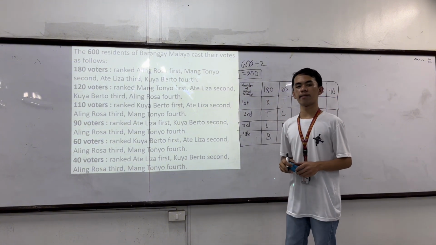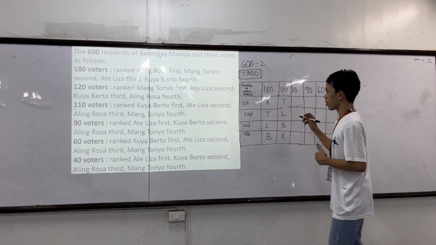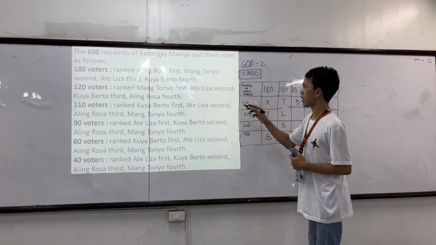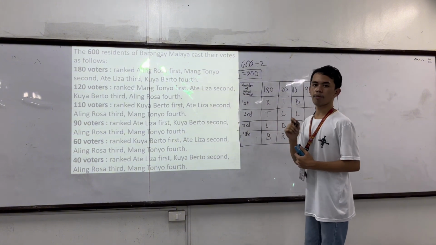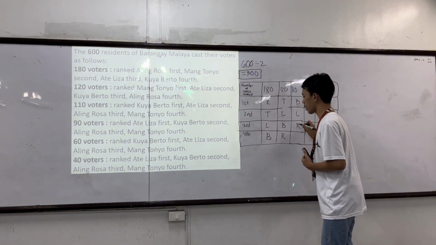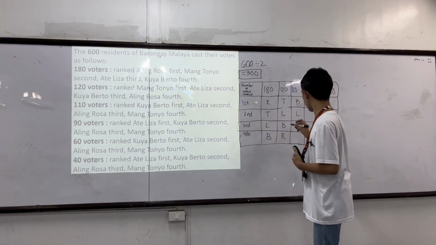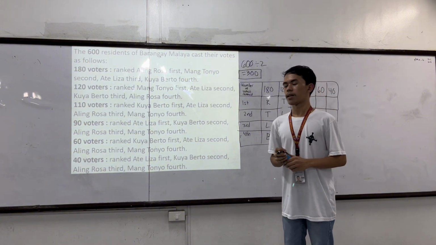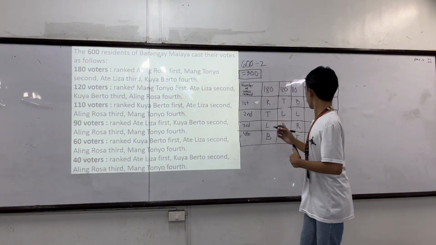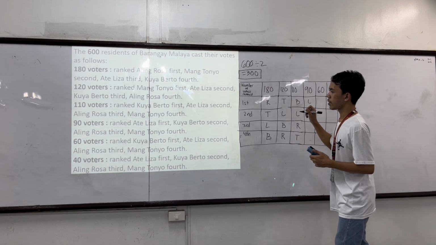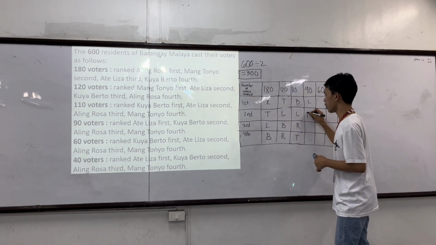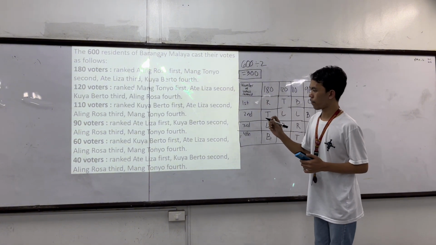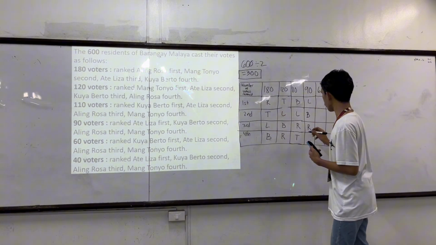In 110 voters, Kuya Berto is first, followed by Ate Liza, followed by Aling Rosa, followed by Mang Tonyo. In the 90 voters, Ate Liza got first, second Kuya Berto, third Aling Rosa, fourth Mang Tonyo.